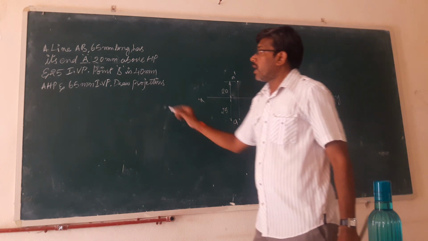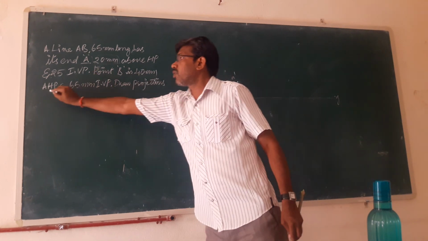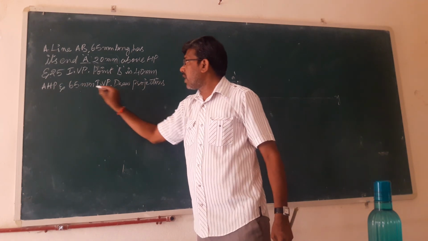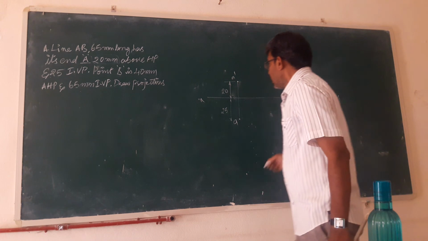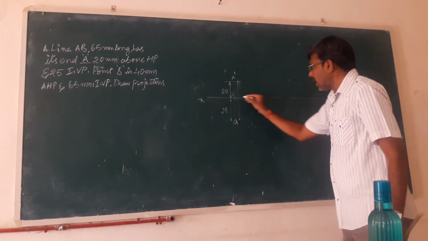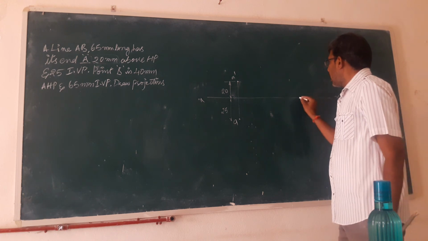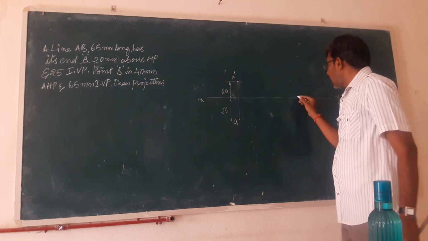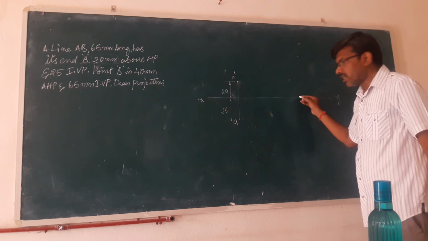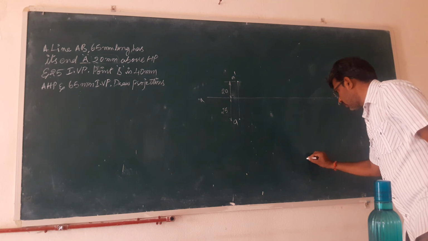Now I want to locate the point B, that is 40 mm above the horizontal plane and 65 mm in front of vertical plane. Where is it located? Right. So now, around the XY, I will take a 40 mm point, and in front of vertical plane, that is 65 mm.